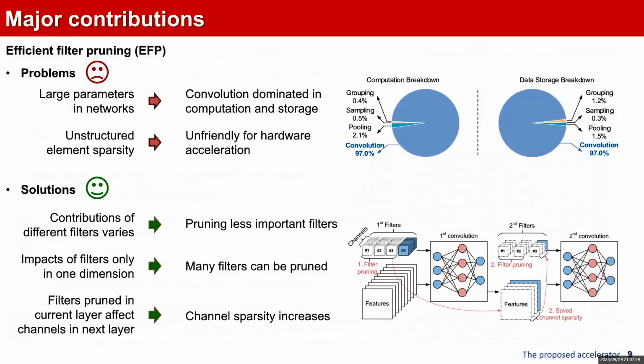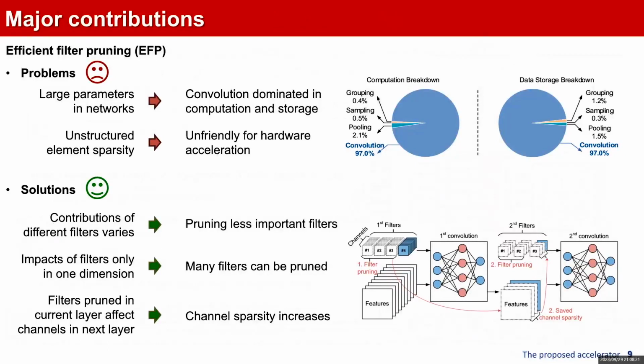First, since the contribution of different filters to the network accuracy varies greatly, some less important filters can be directly pruned without accuracy loss. Second, in the MLPs of PNNs, the filters are reused in only 1 dimension across features, rather than in 2 dimensions as in 2D CNNs.